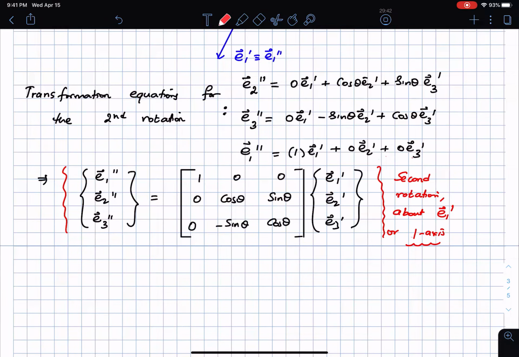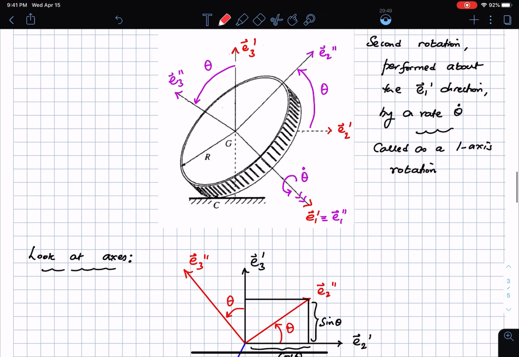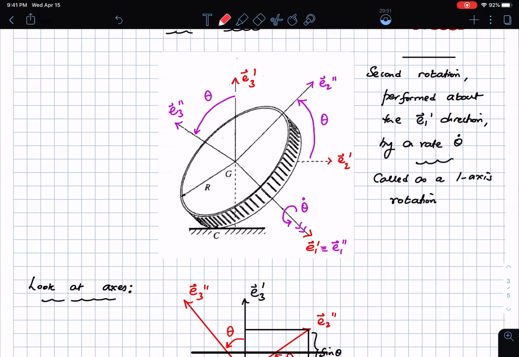This is the second rotation. So in the second rotation, we bring the coin from the first configuration, and then we rotate it by an angle theta. And as I rotate it by an angle theta, I'm doing the rotation about the 1 prime axis. So E1 double prime is the same as E1 prime, and then I have E2 prime, E3 prime, E2 double prime, E3 double prime.